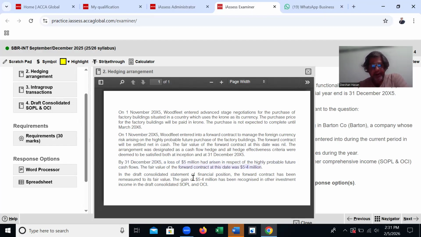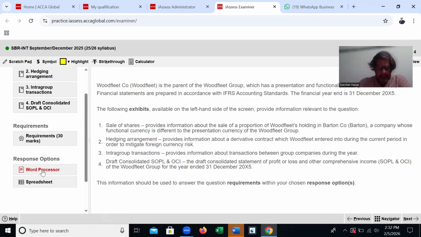In the draft consolidated statement of financial position, the forward contract has been remeasured to fair value. The gain of 5.4 million has been recognized in other comprehensive income in the draft statement of profit or loss and OCI.